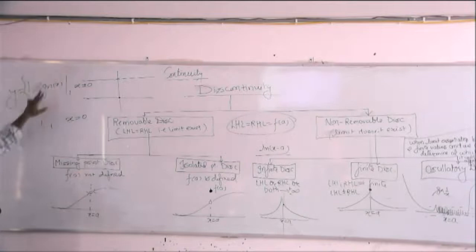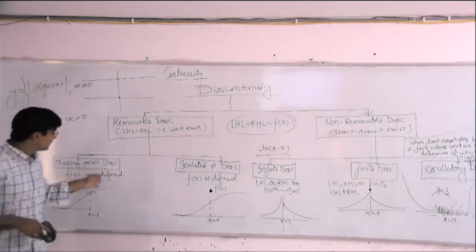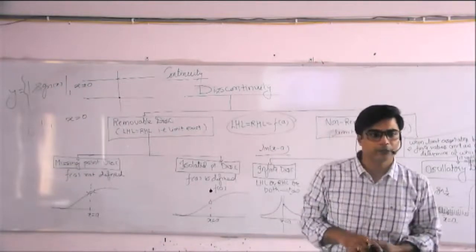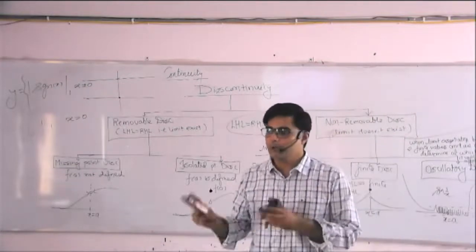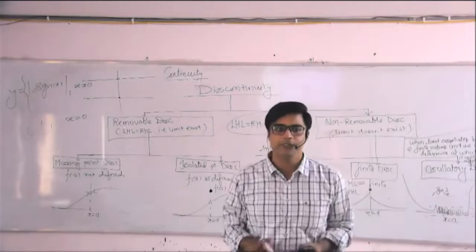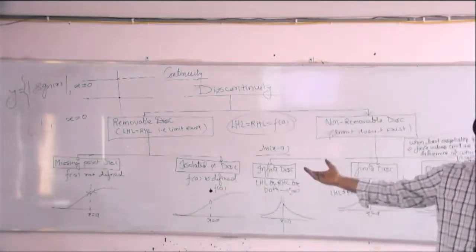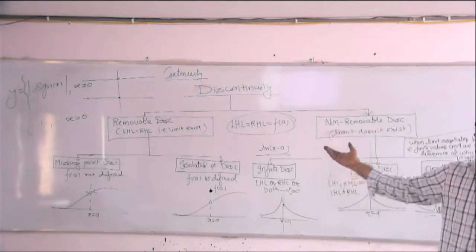This equation is not changing, only one point I am shifting or defining. Yes or no? So whenever you have a missing point or isolated point, you can actually redefine the function to make it continuous. That means that discontinuity can be removed. That's why it is called removable discontinuity.